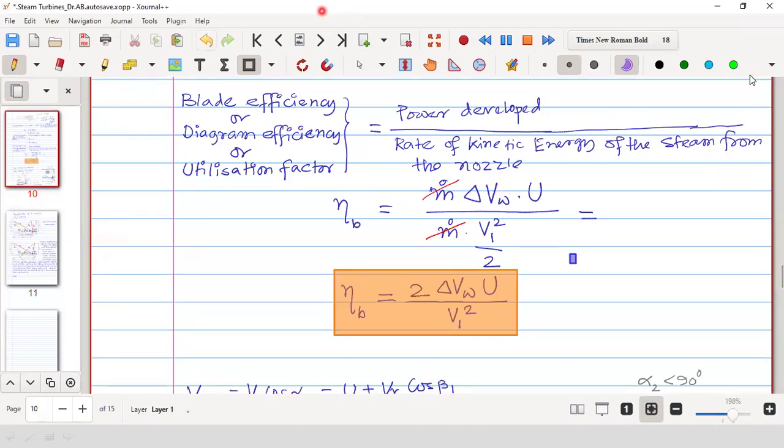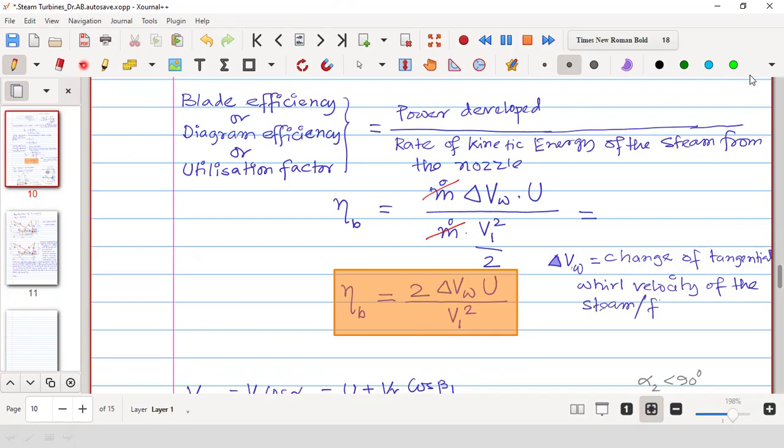Delta VW is equal to change of tangential, or this is also called whirl velocity of the steam or the fluid, that is the steam here.